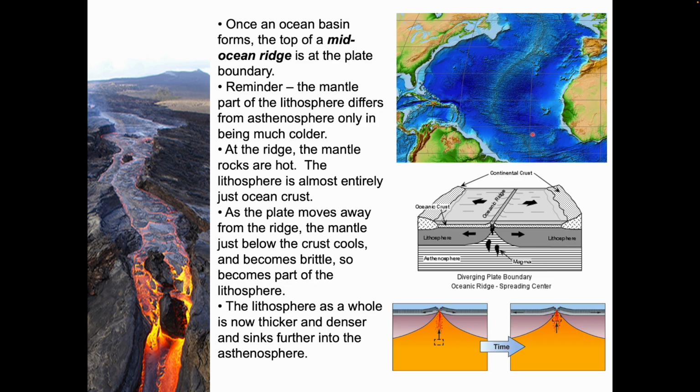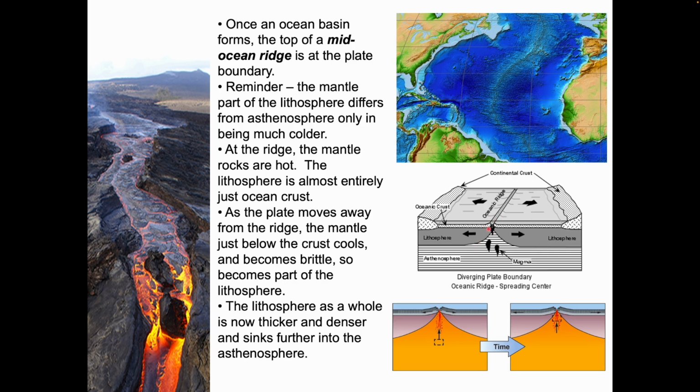And there's a small graben, a summit valley, along the length of that rift zone, and that's your plate boundary. The mantle part of the lithosphere differs from the asthenosphere only in being colder and more rigid. At the ridge, the mantle rocks are really hot, and the lithosphere is almost entirely just your oceanic crust.